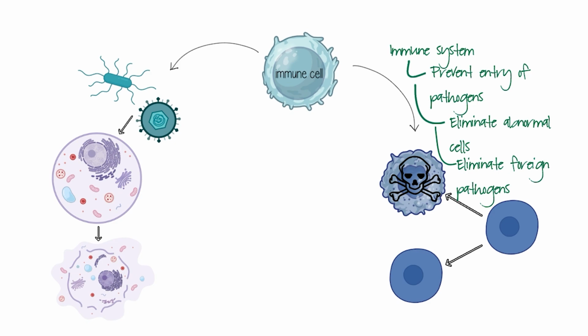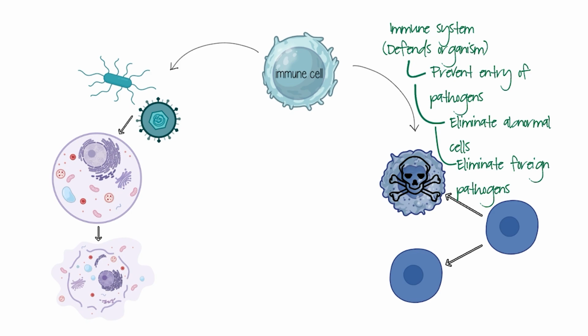So you could say that the job of the immune system is to defend an organism and keep it healthy. They do this by not only preventing the entry of foreign substances into the body, but also by destroying any foreign substances that do manage to get in. And they also destroy any abnormal cells that end up forming inside our body, such as cancer cells, for example.